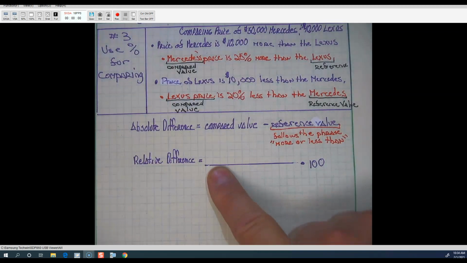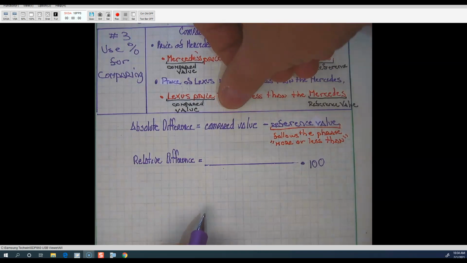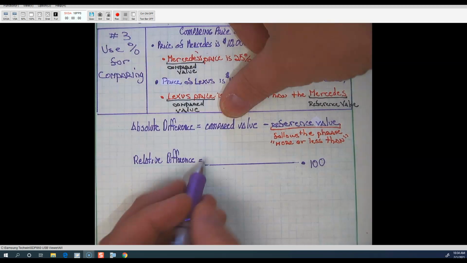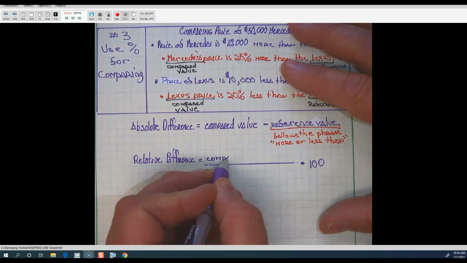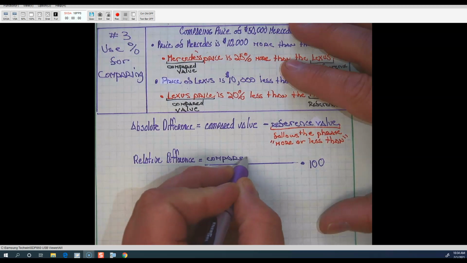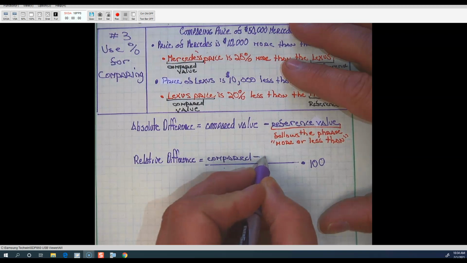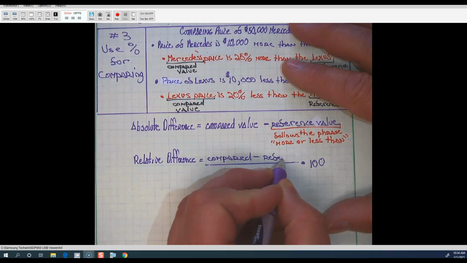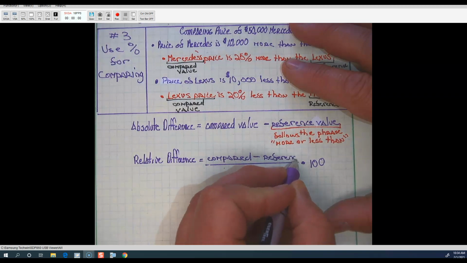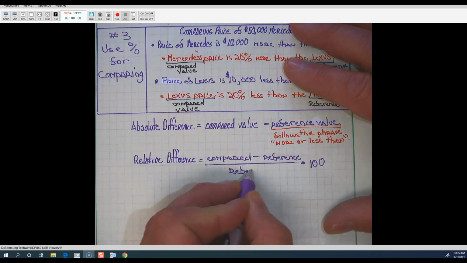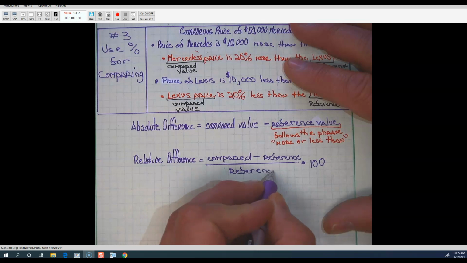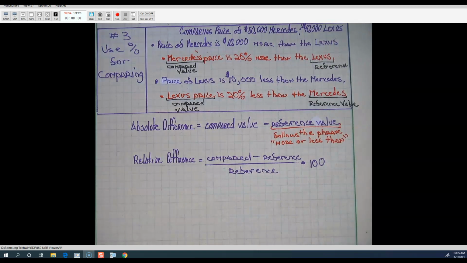So this part is going to be the same as the absolute difference. You're going to take the compared value minus the reference value, and you're going to divide that by the reference value, and then multiply that by 100.